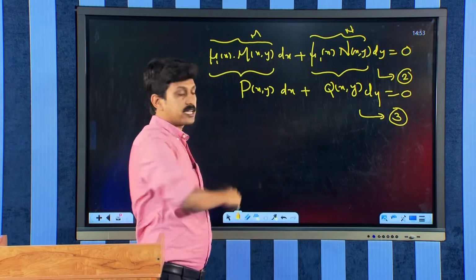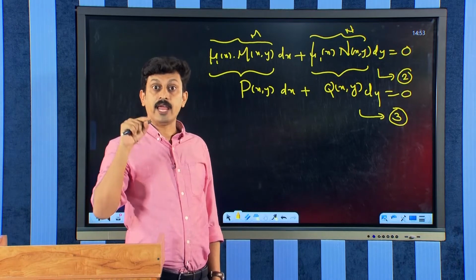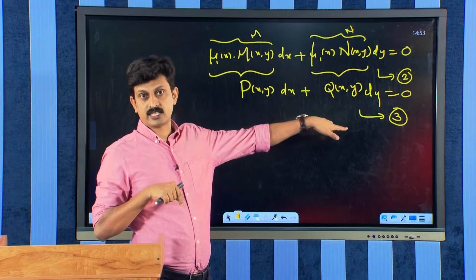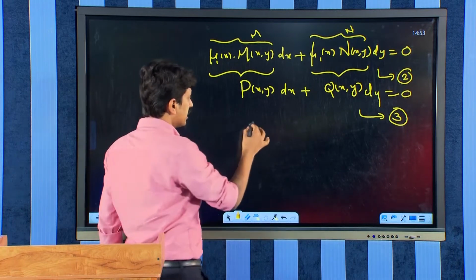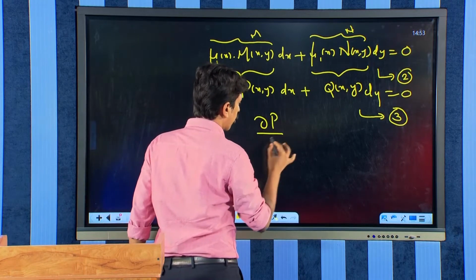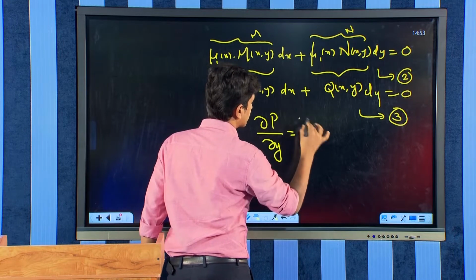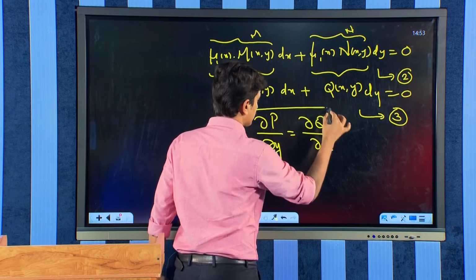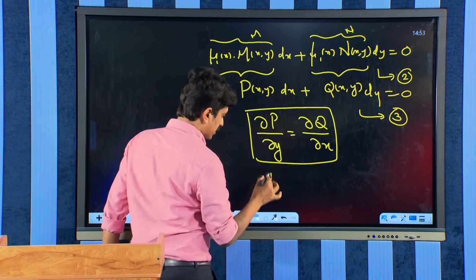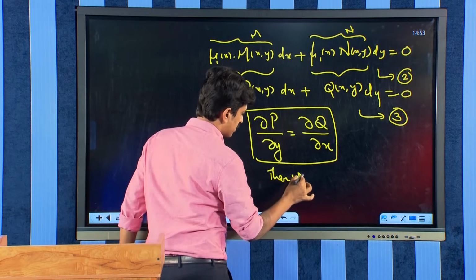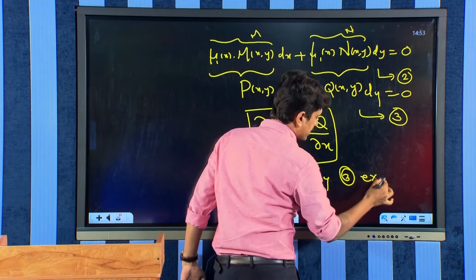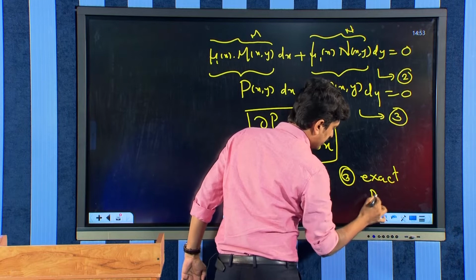Now, this equation is the same as the equation M dx plus N dy is equal to 0. To prove 3 is exact, it is enough to say that ∂P/∂y is equal to ∂Q/∂x.